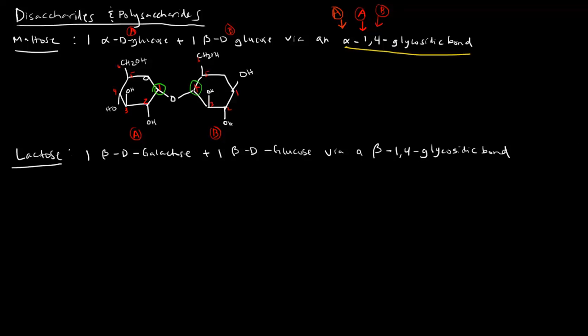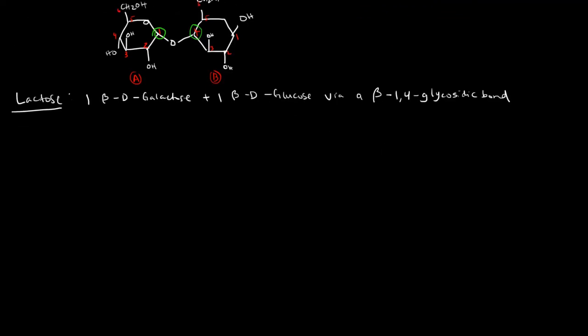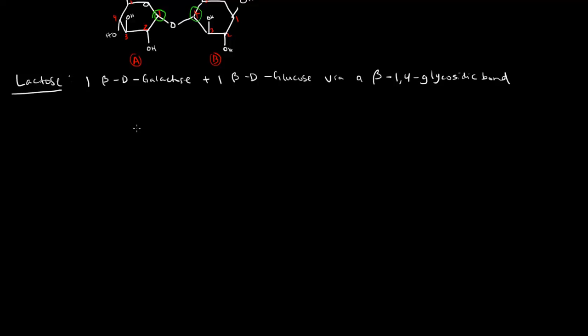So we're going to have a beta D galactose and a beta D glucose. Oops, I forgot the O up here on this maltose. There we go. Now that's maltose.